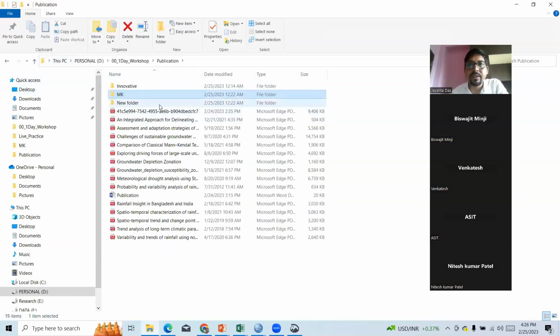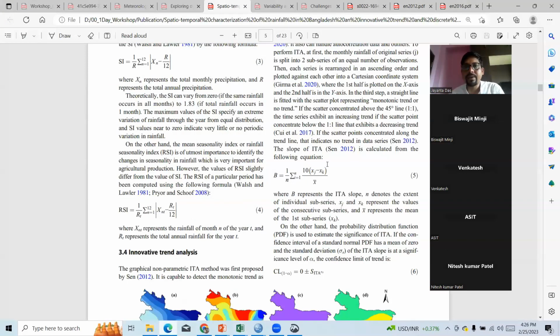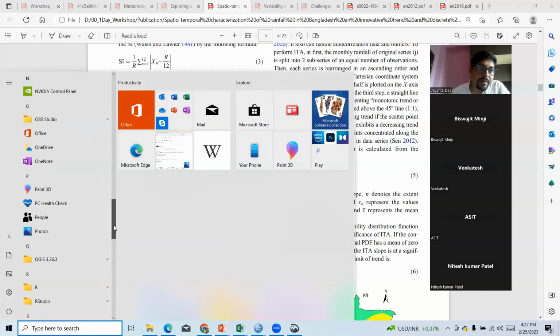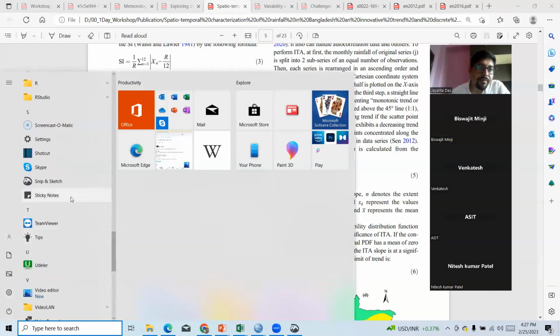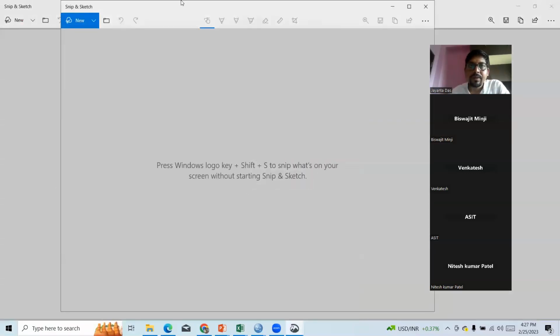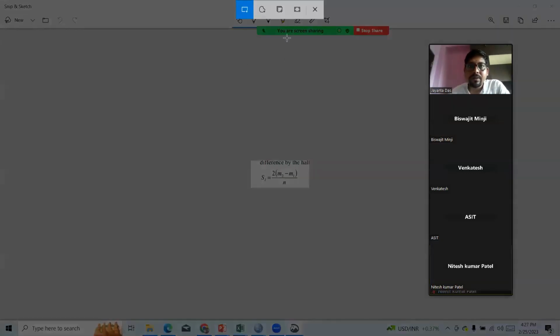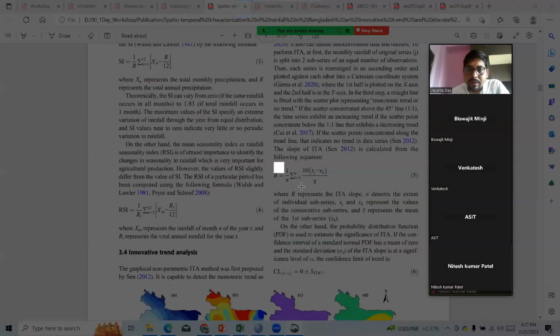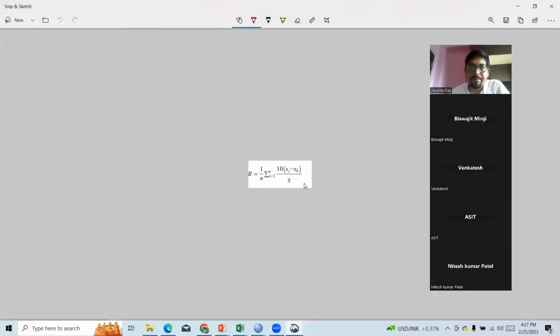This paper was also published in a very good journal. If you use this technique, the B value is all the same.